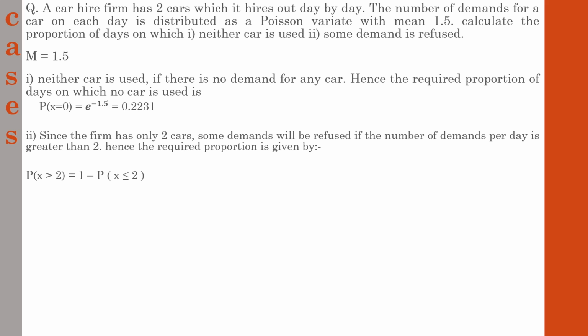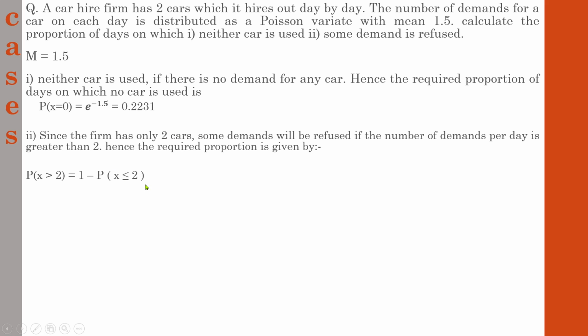Even though there are only 2 cars and both are already taken by 2 customers, if 1,000 customers came, you have to find the probability with regard to that. So how are you going to find it? It's not easy. In this situation also, we use the same example we did previously. Instead of finding x greater than 2, why can't we find 1 minus P of x less than or equal to 2?